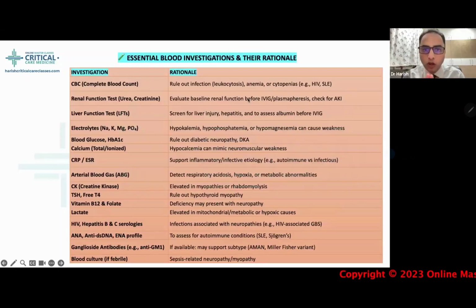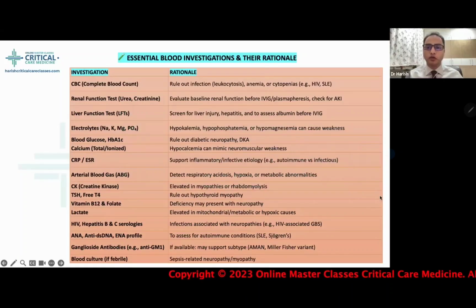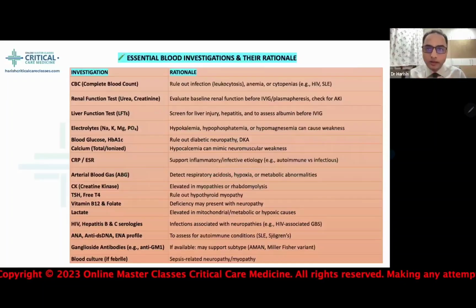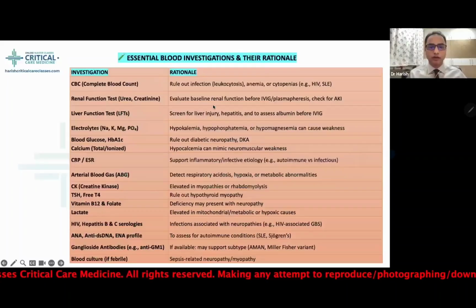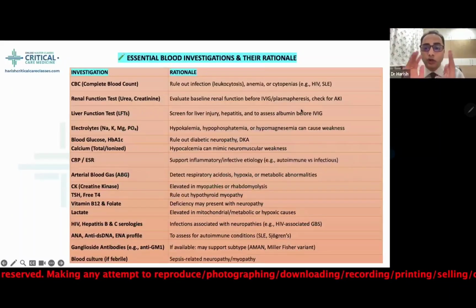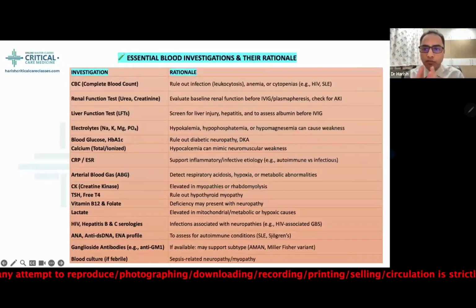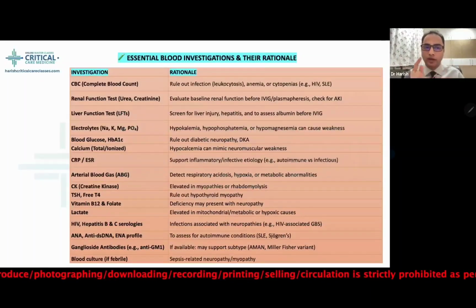CBC, to rule out any infection. Whether any leukocytosis, anemia, cytopenia, particularly if the patient is immunocompromised like HIV or has a connective tissue disorder like SLE. Renal function test, urea and creatinine, to get an idea about the baseline renal function before you further plan for IVIG or plasmapheresis.